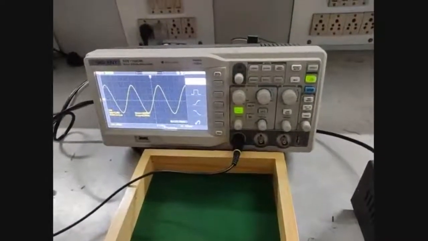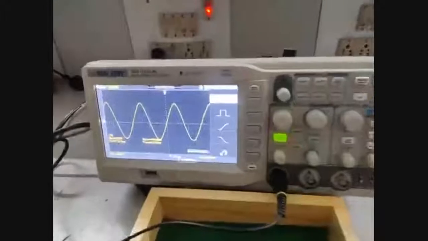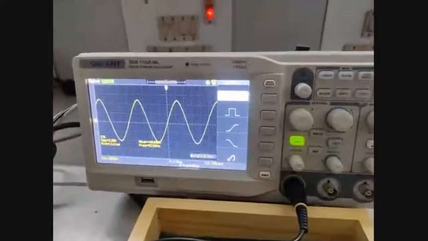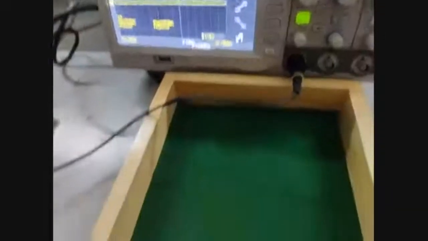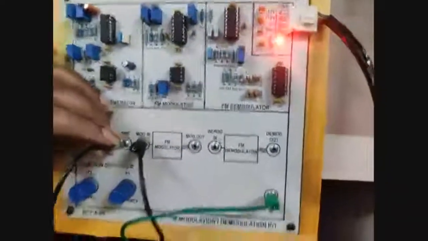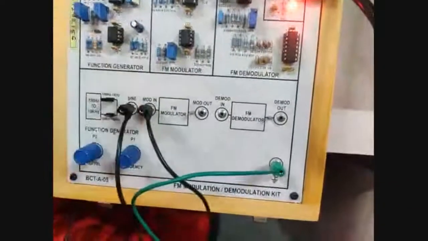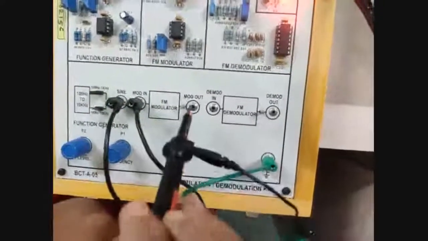So see here, this one is the sine wave, which is our input signal to the FM modulator. Then we see the output. For that we connect the input with the FM modulator, then see here the output.